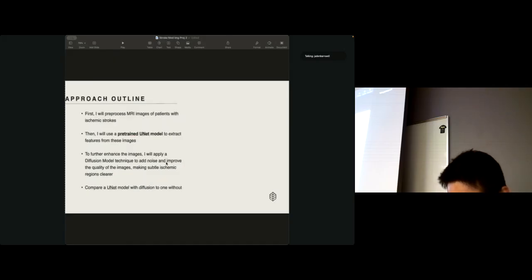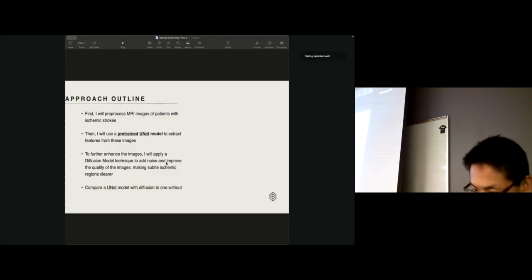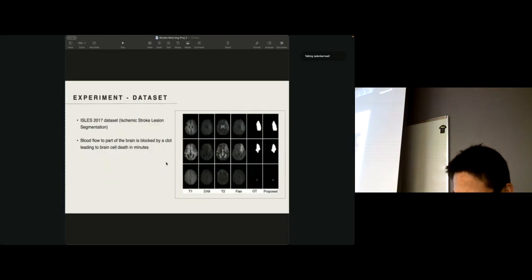The approach will be first to process the MRI images in 2D slices and store them, and then use a pre-trained UNet model to extract features. Then use diffusion model techniques such as adding noise to transform the training data, implement that into a UNet model, and compare the UNet model with diffusion versus the one without.